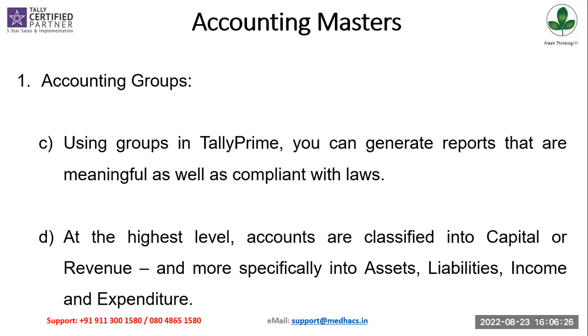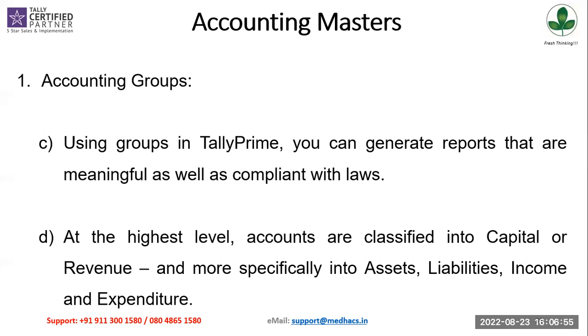So initially, when you create a company in Tally, there are around 28 groups which are predefined in Tally. Out of these 28 groups, around 15 are called primary groups, and another 13 are subgroups under a primary group.